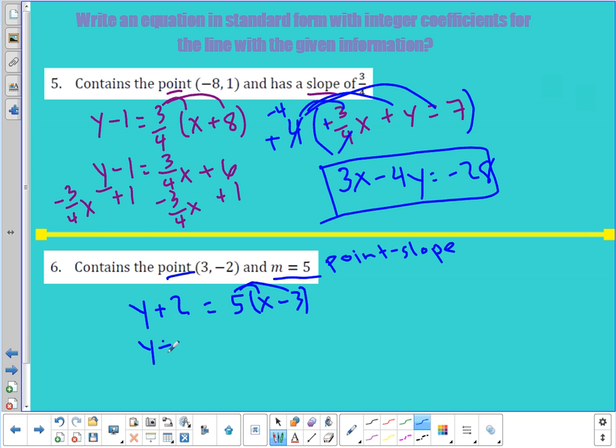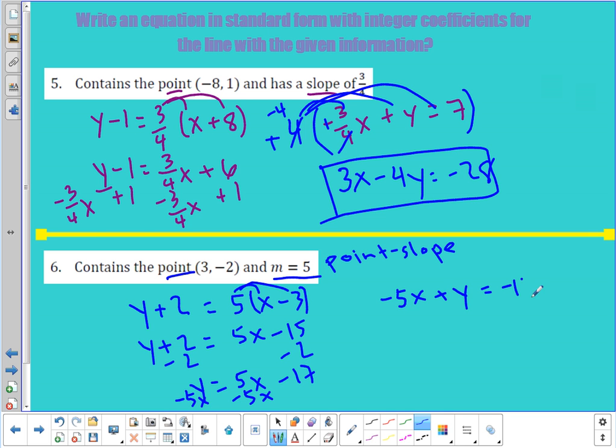That's y plus 2 equals 5x minus 15. Subtract 2. I've got y equals 5x minus 17, and then move my 5x back. I could have done those in the same step, but that's fine. So negative 5x plus y is equal to negative 17.